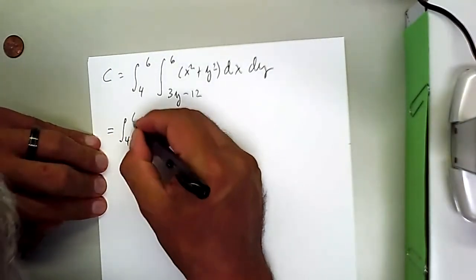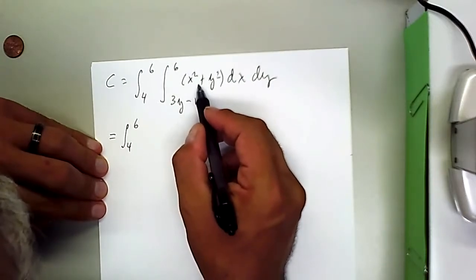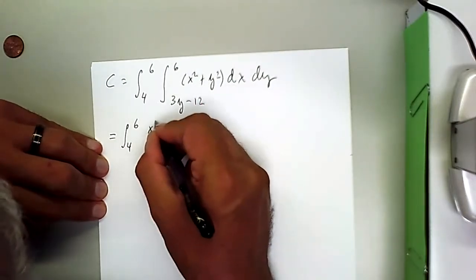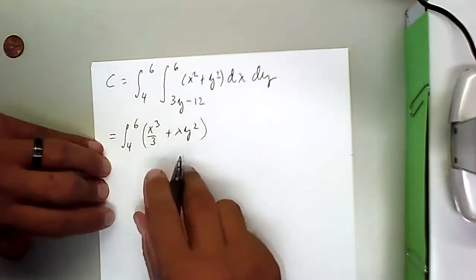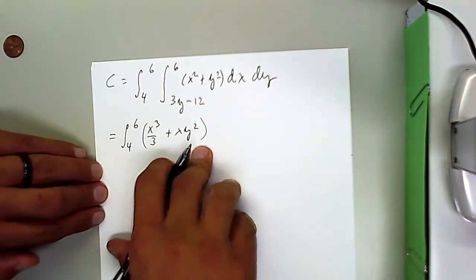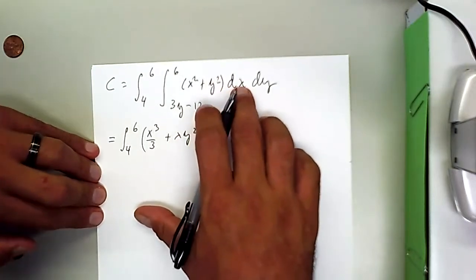So we go from 4 to 6, and then integrate with respect to x. So we got x cubed over 3 plus xy squared. So it is the same. We have gotten the same thing on all a, b, and c, because it is the same function and starting with integrating with respect to x.